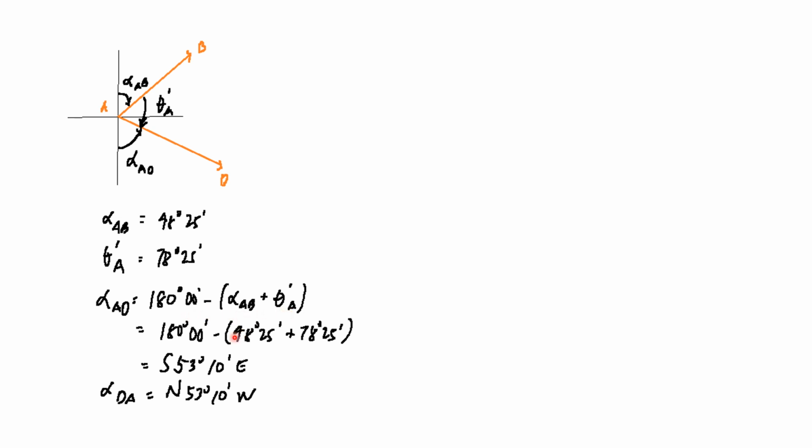Substituting these values, we get the bearing of line AD equal to south 53 degrees 10 minutes east, and the back bearing alpha DA is north 53 degrees 10 minutes west.